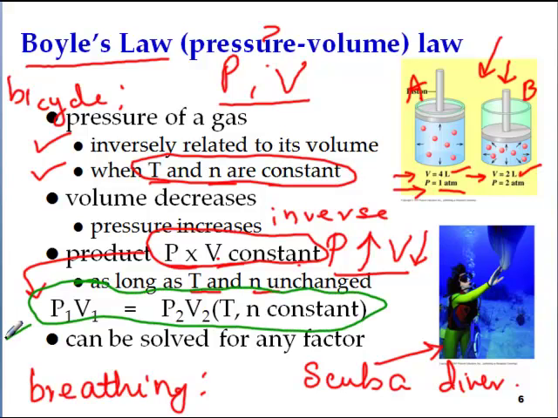And here's the mathematical expression: P1 V1 equals P2 V2, where the 1's can be before and the 2's can be after. So we can say the product of pressure and volume before equals the product of pressure and volume after.